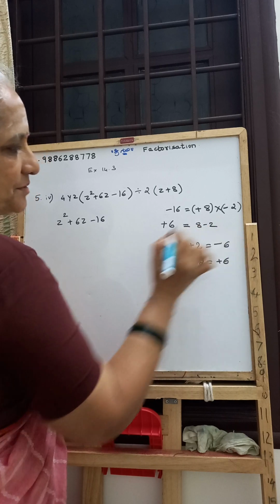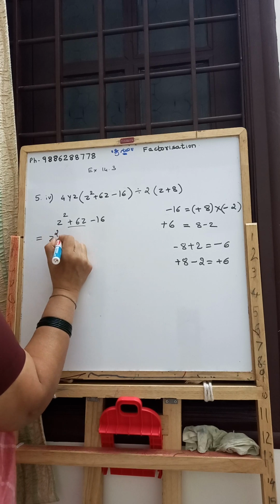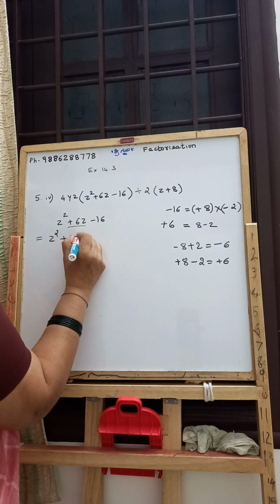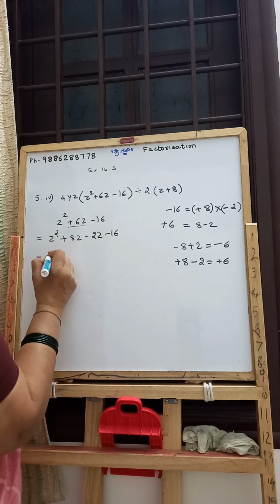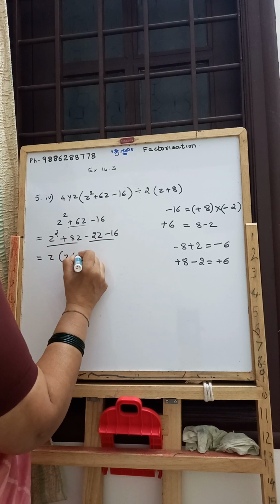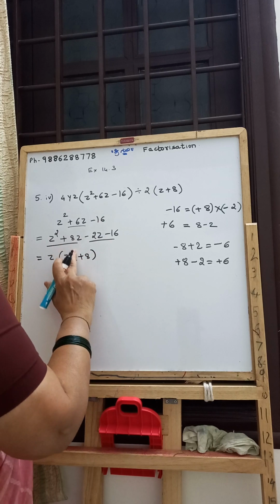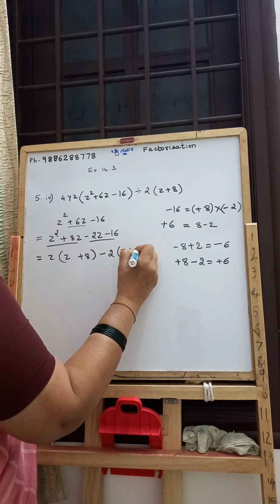8 minus 2. By splitting the middle term, we get z square plus 8z minus 2z minus 16. This is equal to, by grouping the terms, z into bracket z plus 8 minus 2 into bracket z plus 8.